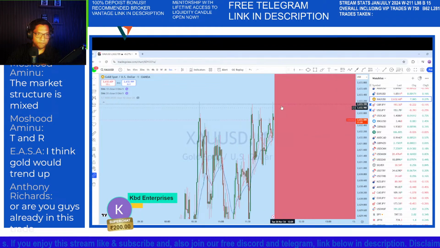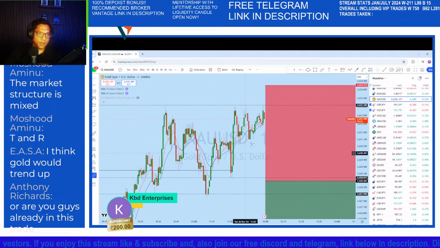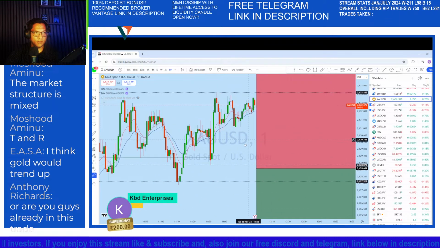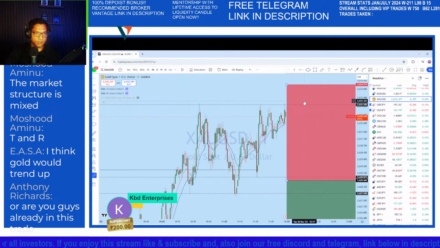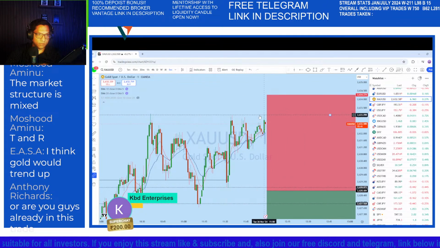Okay, so there is a liquidity gap here, and the price penetrated that area multiple times.